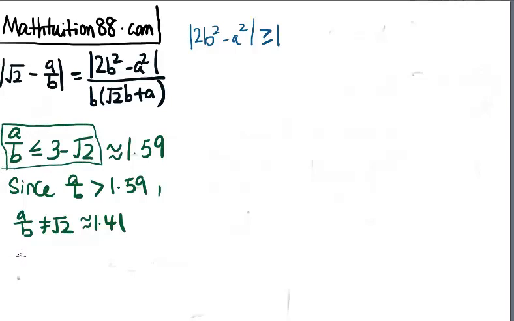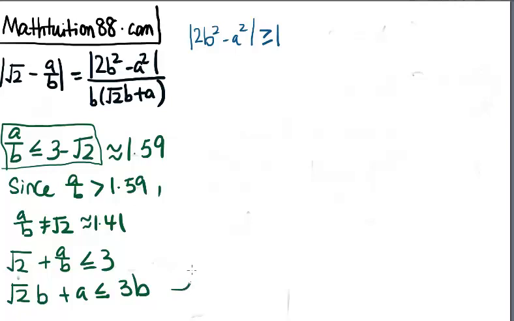Then rearranging this inequality, we have root 2 plus a over b is less than or equal to 3. And multiplying by b, we have root 2 b plus a less than or equal to 3b. Now we are very close, so please stay tuned.